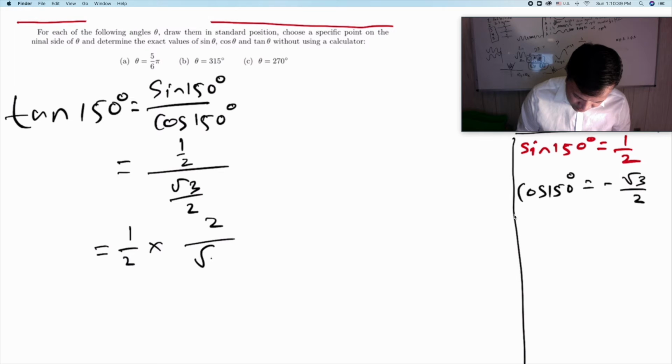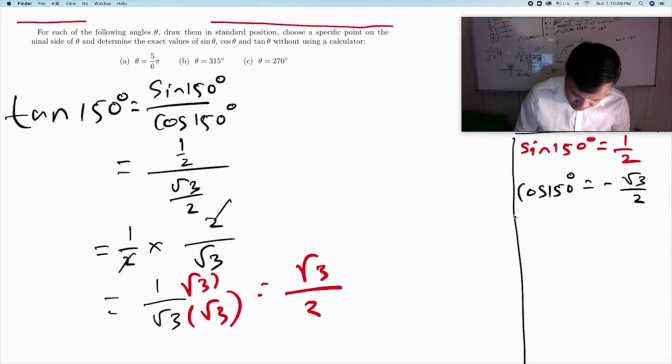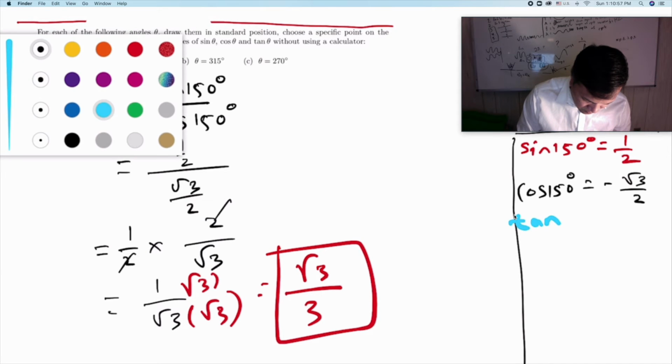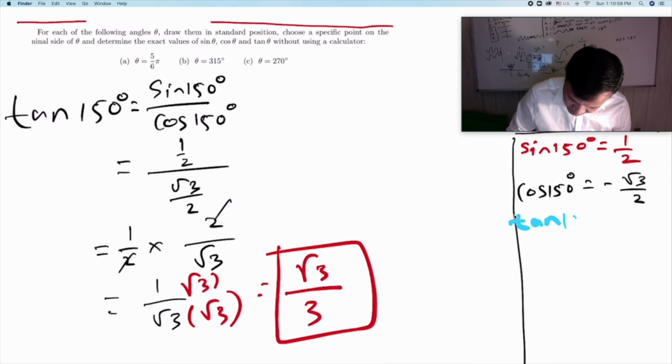The 2s cancel, so it is 1 over square root of 3. Now I have to rationalize it: square root of 3 and square root of 3. That gives us square root of 3 over 3. So tangent 150 is square root of 3 over 3.